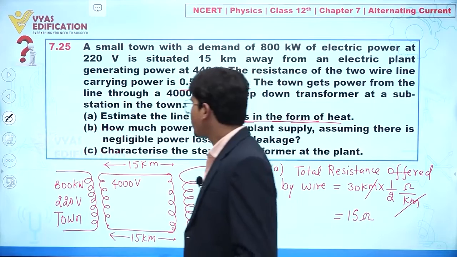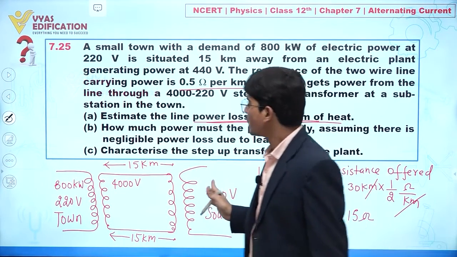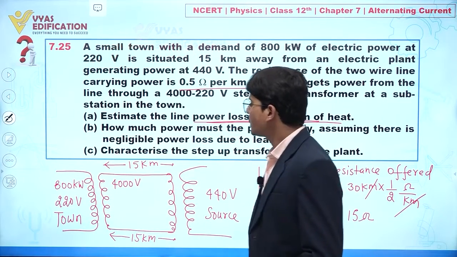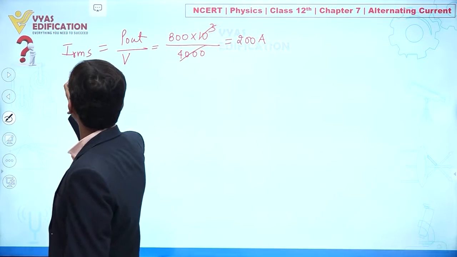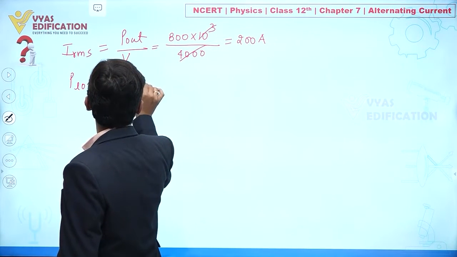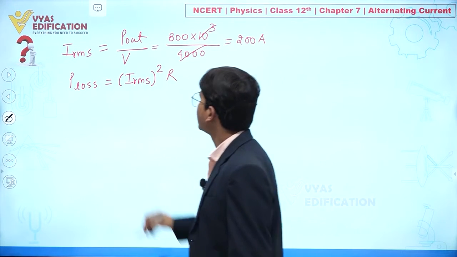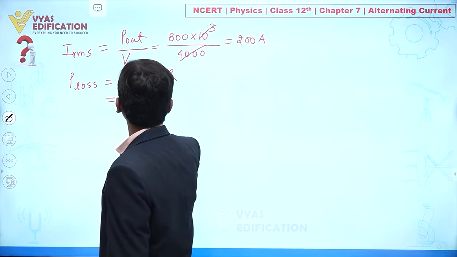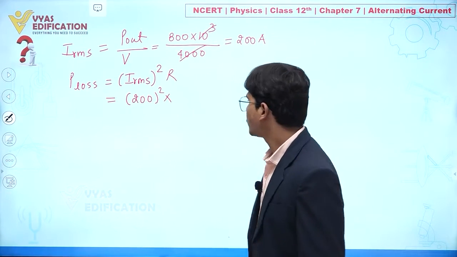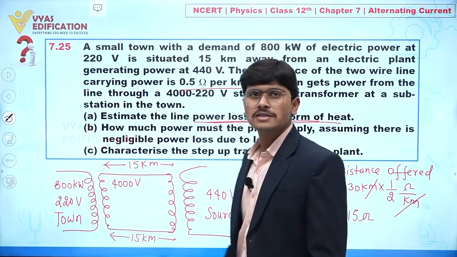Now can we calculate the total power loss when this current is going through from this side to this side? Yes. Power loss is given by IRMS squared multiplied by R. The IRMS value is 200, so 200 squared multiplied by R. The R value you have calculated is 15.